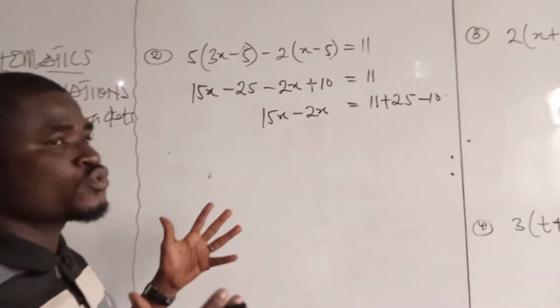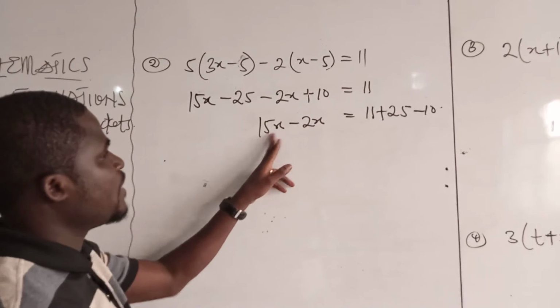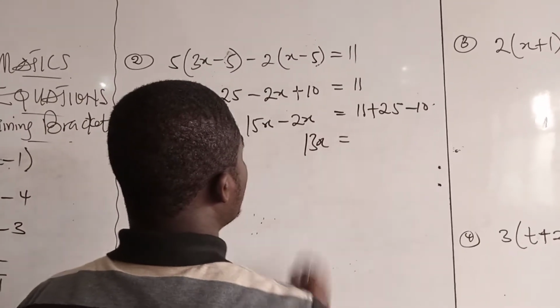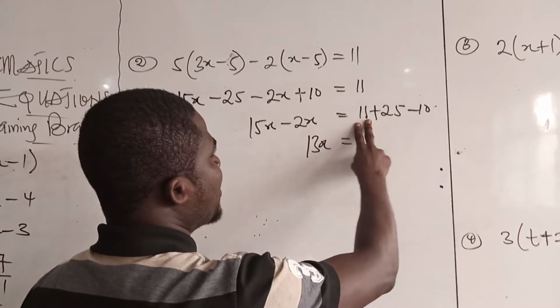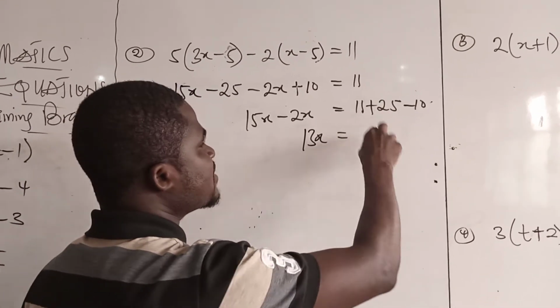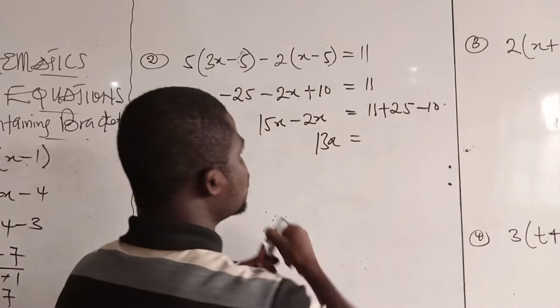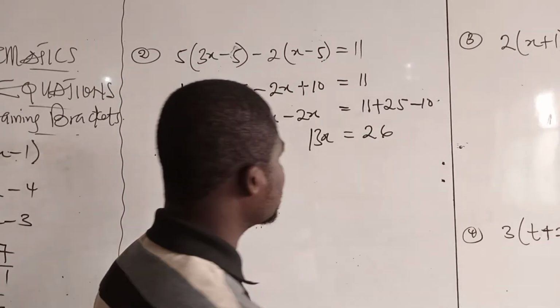Our next step is to add them. 15x minus 2x will give us 13x, equals 11 plus 25 will give us 36. 36 minus 10 will give us 26. Good.